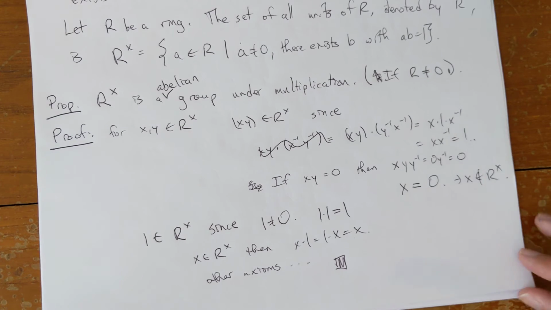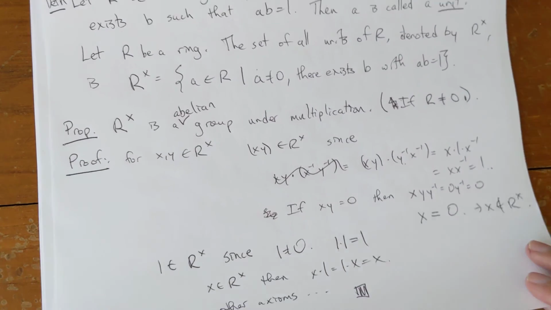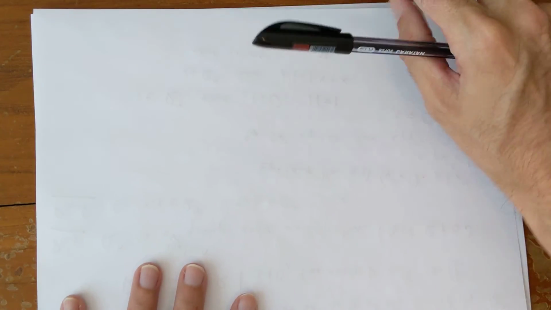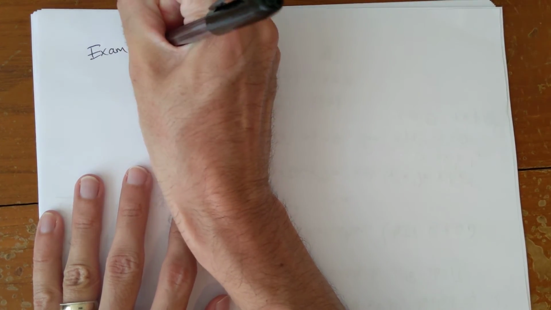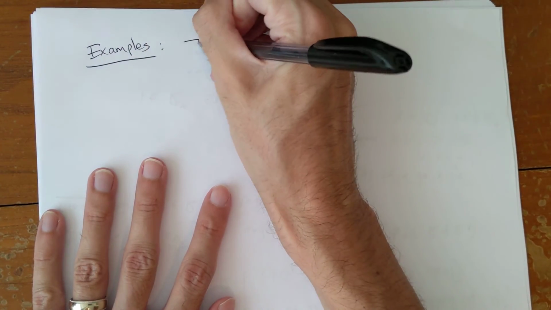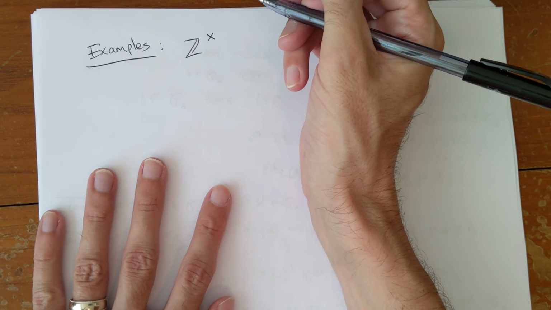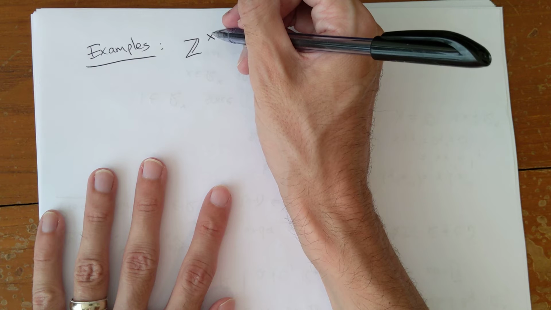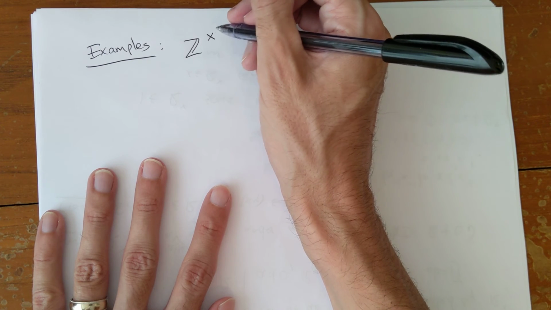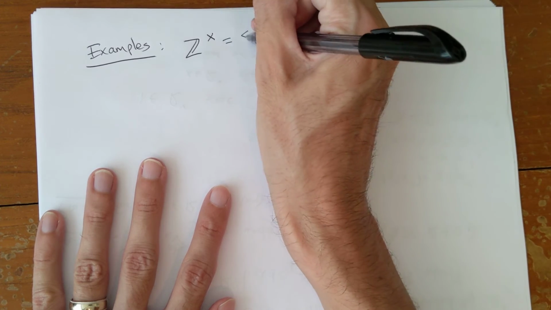Okay, let's do a couple examples of that. What are the invertible elements in Z? These are the integers a such that there exists another integer b with a times b equals 1. And actually there's only two.